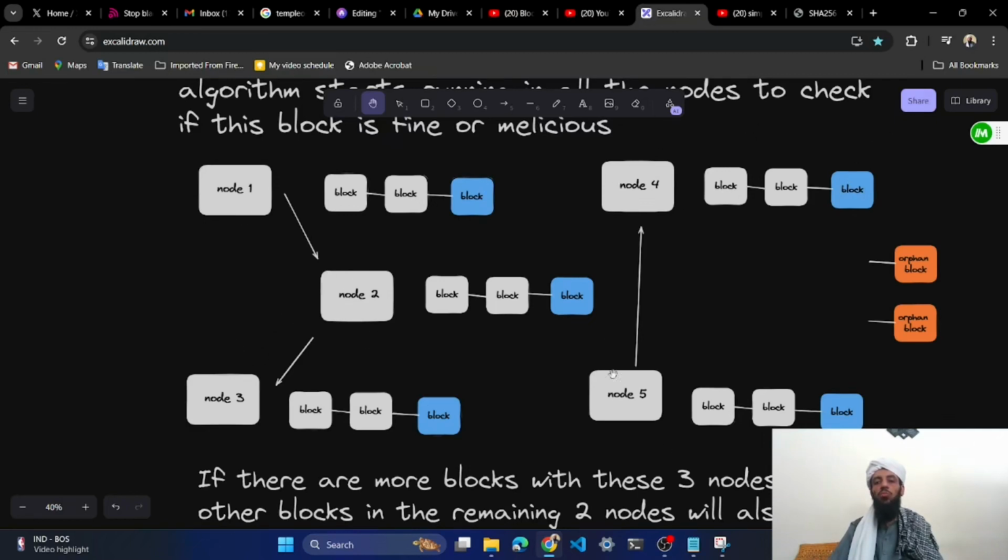These 2 nodes will basically not accept this block, even if this block is not malicious, even if this block is not containing any kind of bad code, but this block will not be accepted. Why? Because the majority stake is with these 3 nodes, and these 2 nodes have the minority stake.